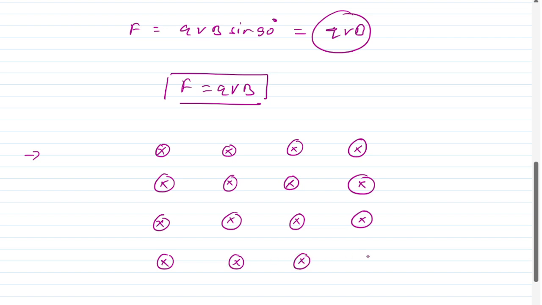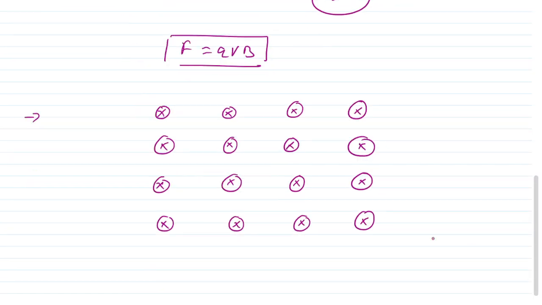And suppose we are throwing a charged particle q with initial velocity v, and that is perpendicular to the magnetic field. Let us say this is the direction of velocity.